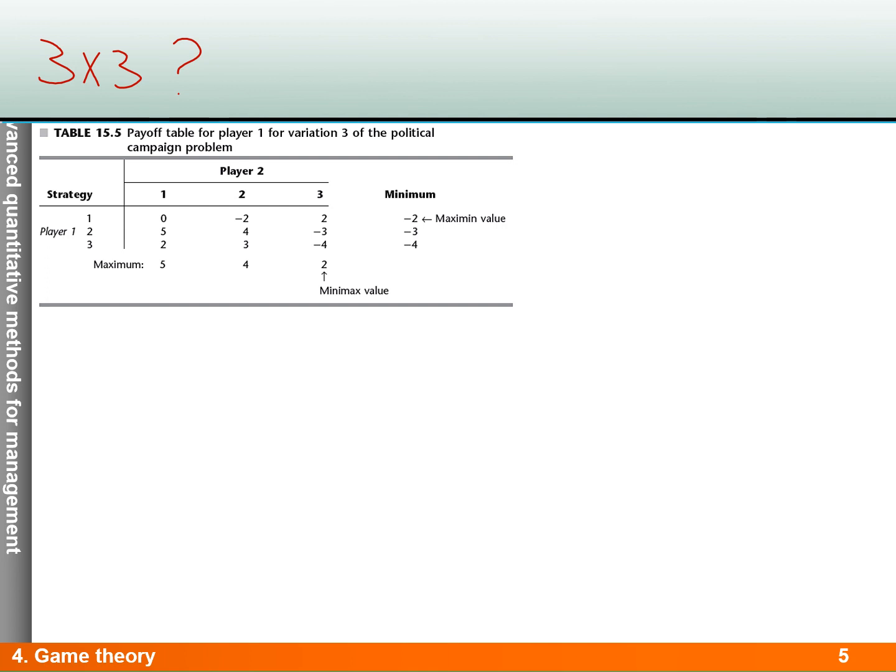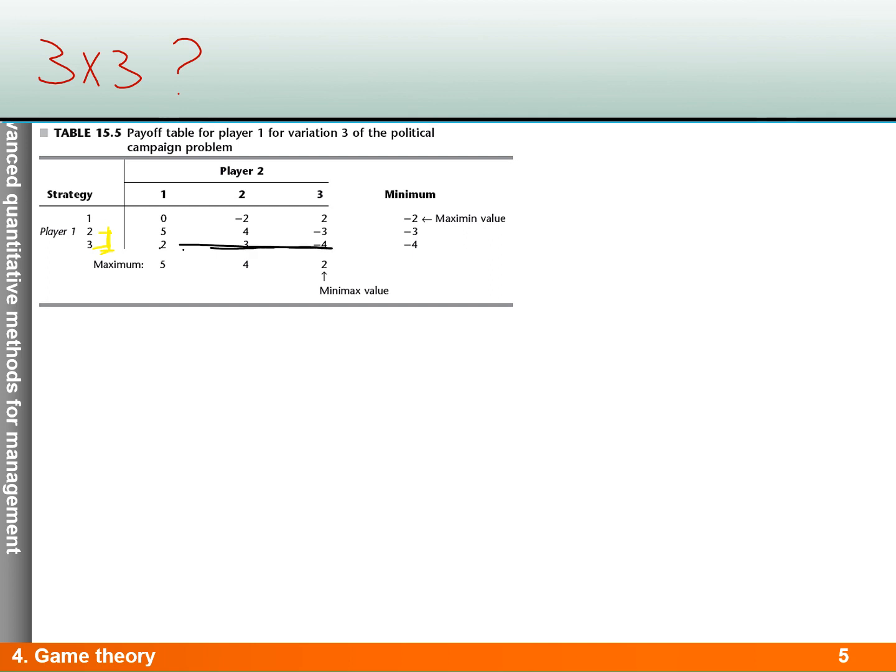Just make a comparison between these two strategies, 2 and 3, for player 1. As you see here, guys, all the elements for strategy 2 are better than the elements of strategy 3. 5 is better than 2, 4 is better than 3, and minus 3 is better than minus 4.